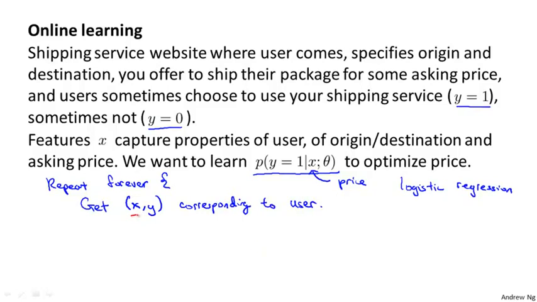So the features x are the origin and destination specified by this user and the price that we happen to offer to them this time around, and y is either 1 or 0 depending on whether or not they chose to use our shipping service.